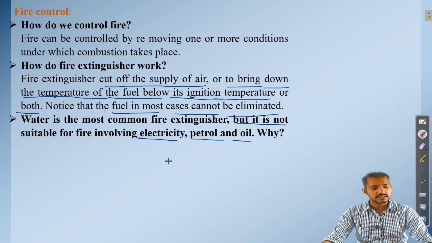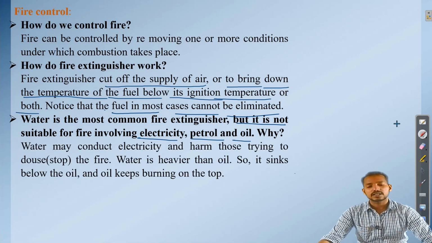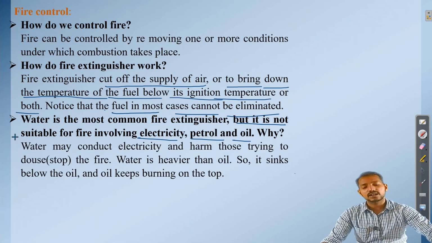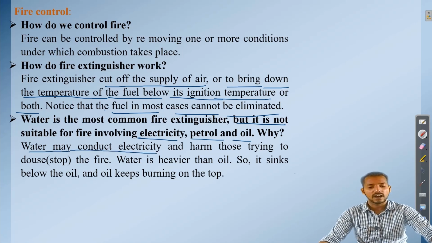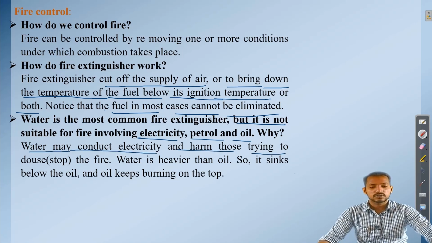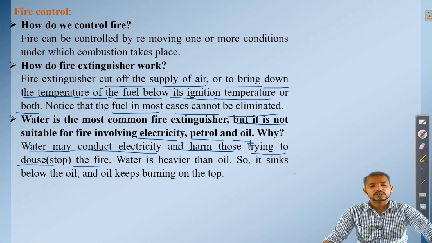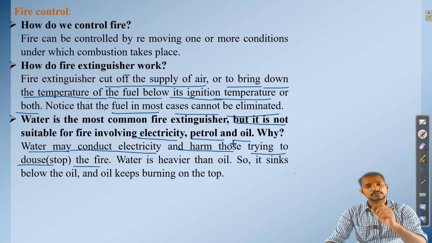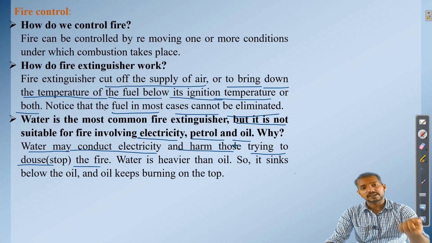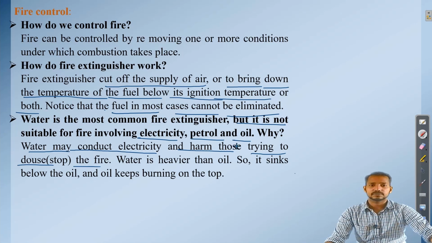Why? Let's discuss the answer. First one, in case of electricity. In case of electricity, the reason is that water may conduct electricity and harm those trying to douse or stop the fire. That is the first reason. And in case of petrol and oil, I already discussed in chapter 5 that water is denser than oil, or oil is lighter than water.